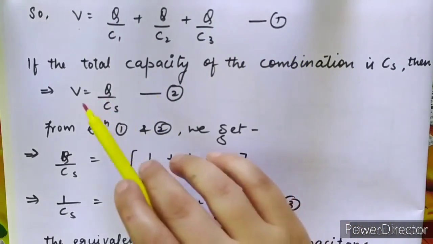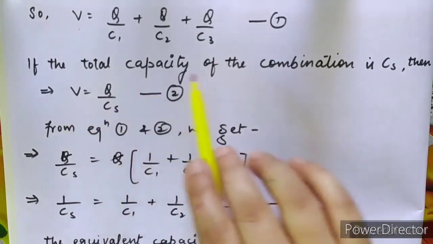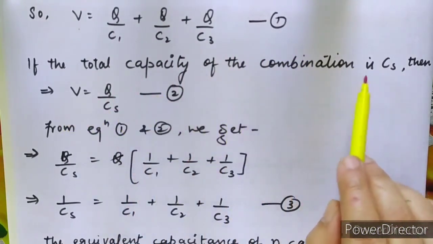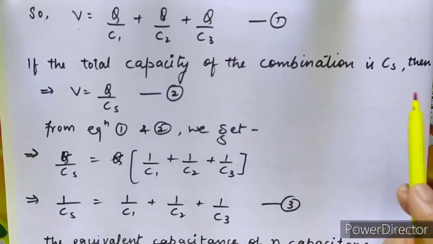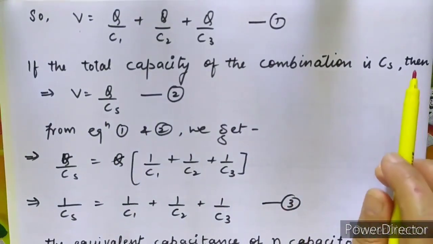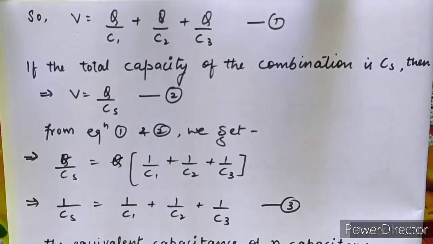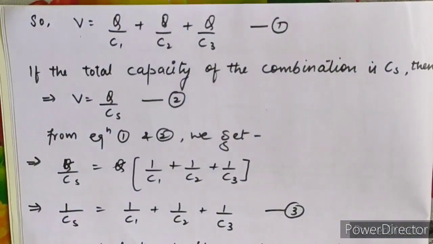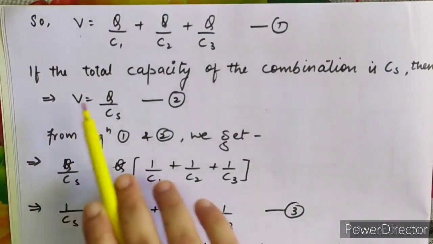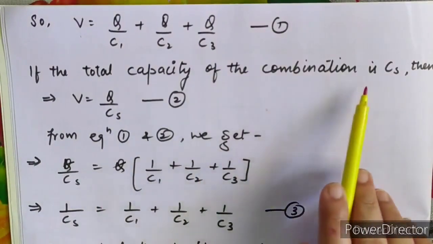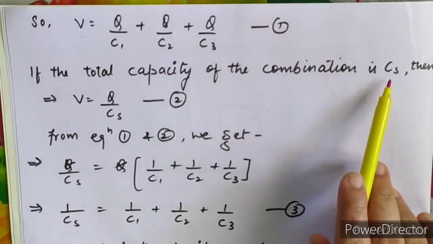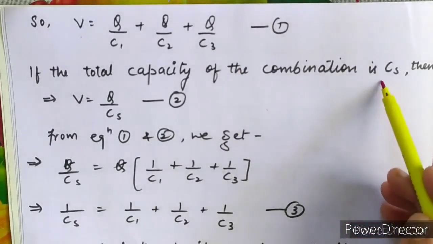Now, if the total capacity of the combination is CS, we are just denoting the total capacitance. Now I am repeating again that if the total capacity of the combination is CS, means in a series combination the total capacity is denoted by CS.